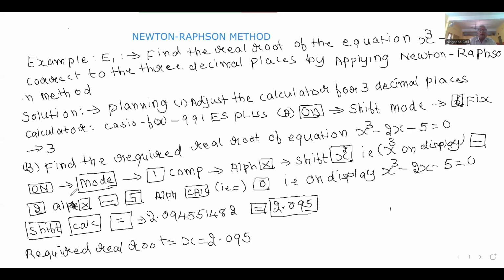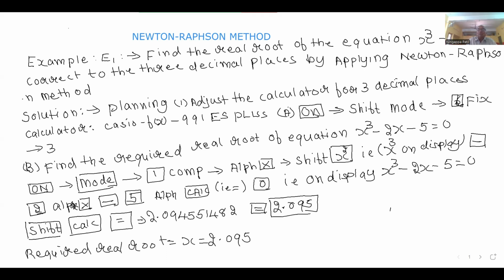Now, by the calculator, I am bringing x cube minus 2x minus 5 equal to 0 on the display. On the calculator, press mode button, 1 COMP, alpha x, shift x square button, which brings x cube on display. Then minus 2 alpha x, which brings minus 2x, then minus 5.